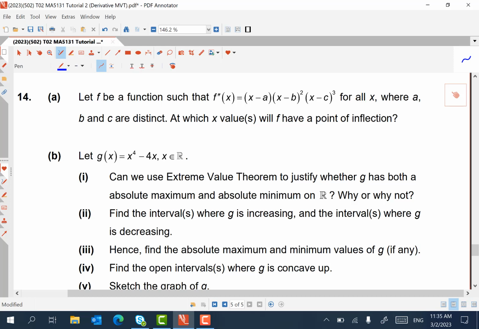Okay, maybe Kaita, just start the ball rolling. Okay, class, let's hear from him. To find the inflection point, what would you do first?